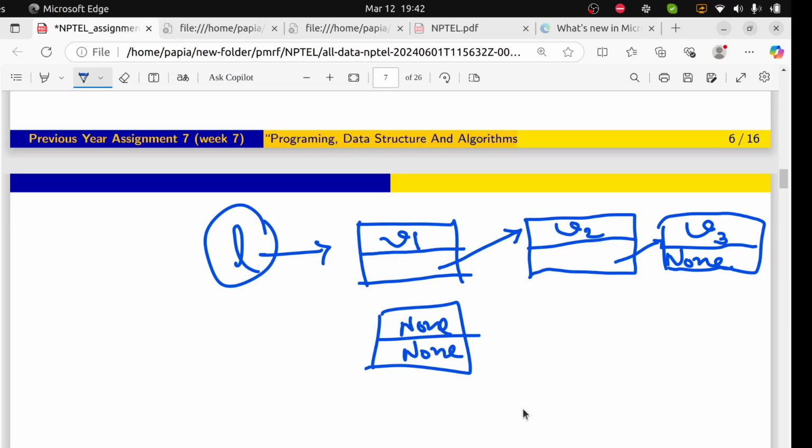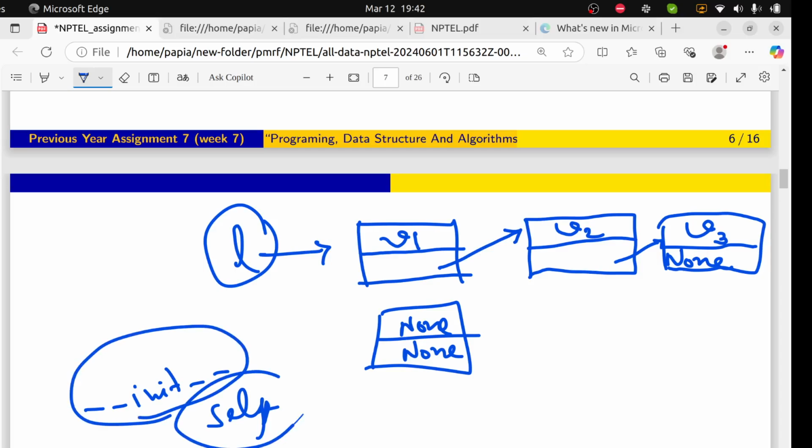No, you don't need to write the program right now, you just need to understand it. For understanding the program you need to understand things like init and self. You already know the meaning of init and the meaning of self, so I think it will not be that much of a problem.